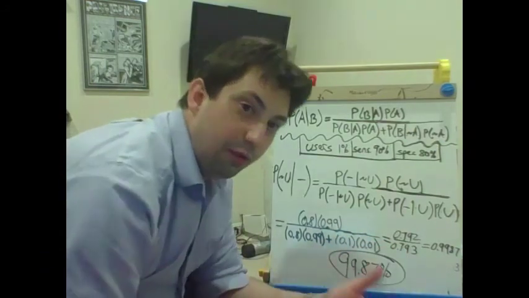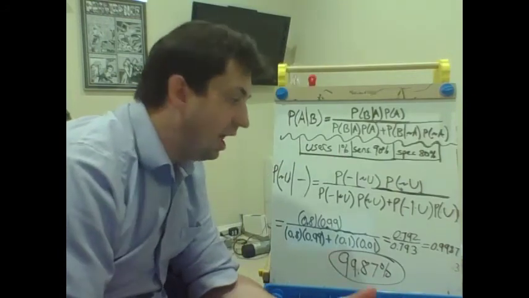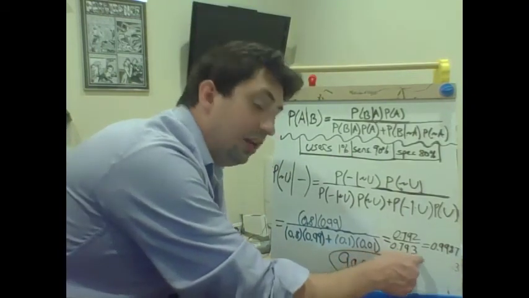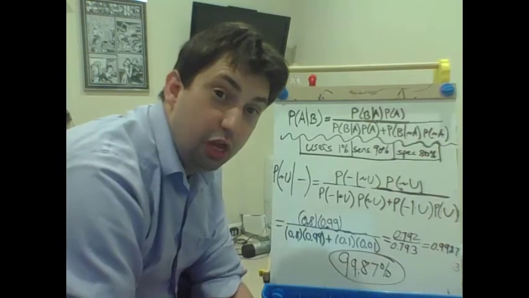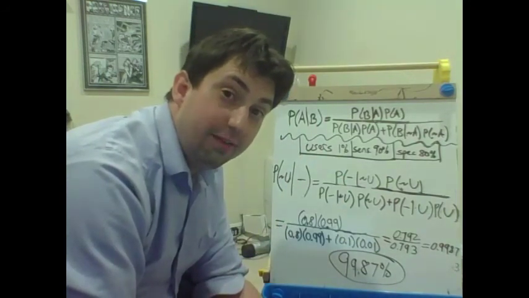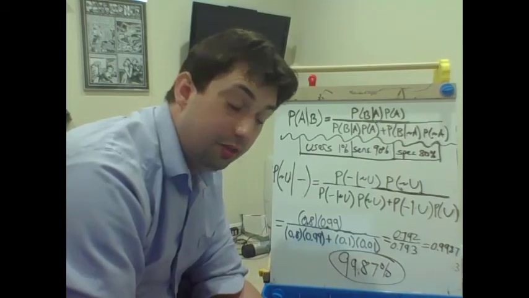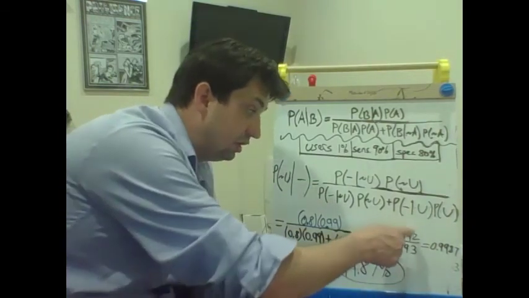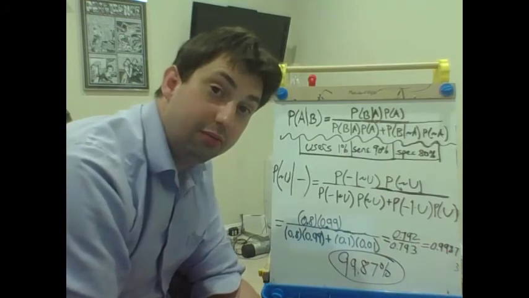Right? We test 1,000 people. We would have 793 negative test results, and only one of those negative test results will be a false negative. The vast majority, 792 of them, will be a true negative.